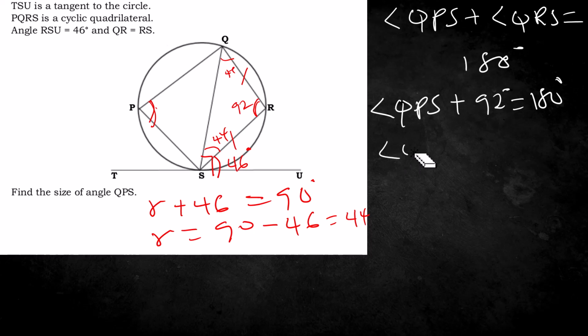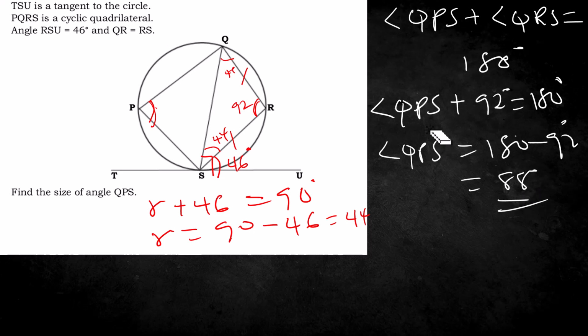So angle QPX is 180 minus 92, that will be 88 degrees. So this side is 88. As simple as that.